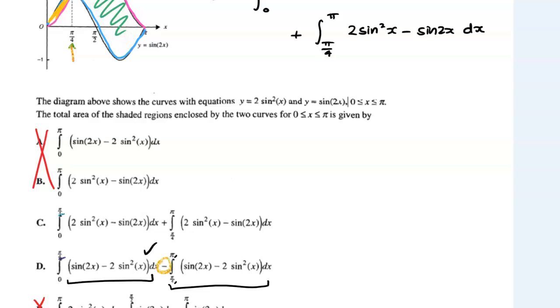If you noticed, there's a negative sign here. So this question is not just testing your ability to find the area between 2 curves. It is testing your understanding of how to manipulate integrals to get equivalent expressions. So because we've got that negative and we have swapped the order of this, that is equivalent to what we had written above, making D the correct option. So have a practice of those and see how you go.